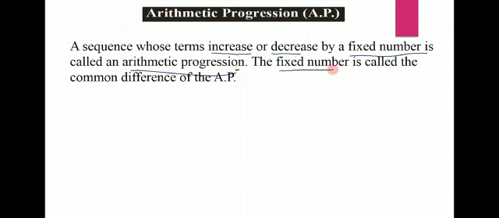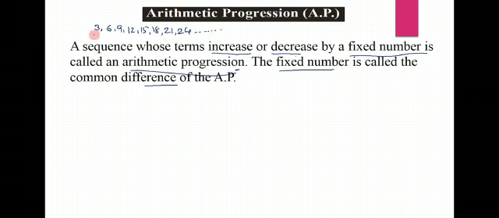That fixed number is called the common difference. We discussed an example, multiples of 3, in the previous slides, so let me take the same example again: 3, 6, 9, 12, 15, next 18. What is the next term that you will get here? That is 21. What is the next term? That is 24, and so on.